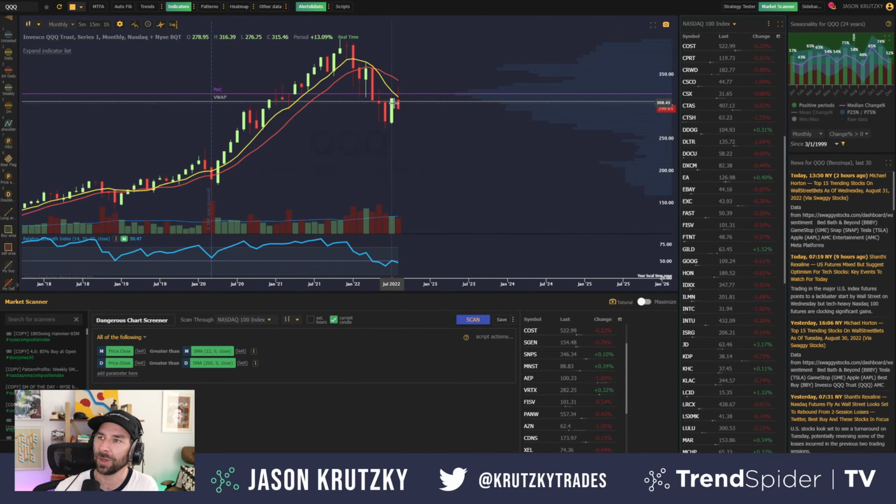And that is we are below VWAP from the COVID lows. That means that on average, your average buyer of the Qs from March 2022 until now is losing on this trade. That's not what you want to see. They tried. They gained it last month. They tried to hold it, and they just did not.